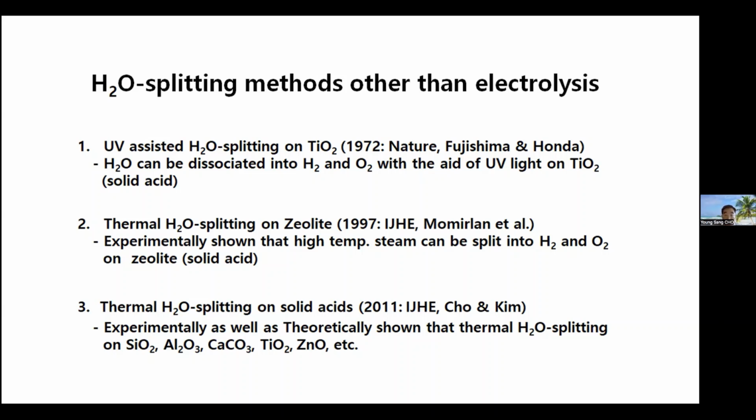In 1972, Fujishima and Honda found water can be dissociated into hydrogen and oxygen with the aid of UV light on TiO2. And then in 1997, Mermoud et al. experimentally showed that high pressure steam can be split on zeolite.